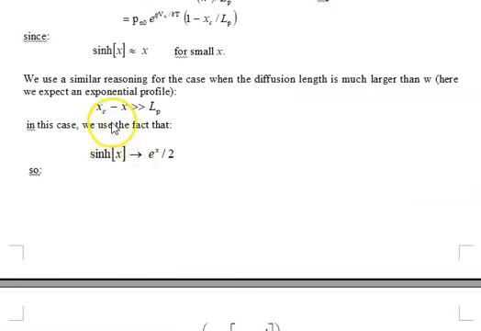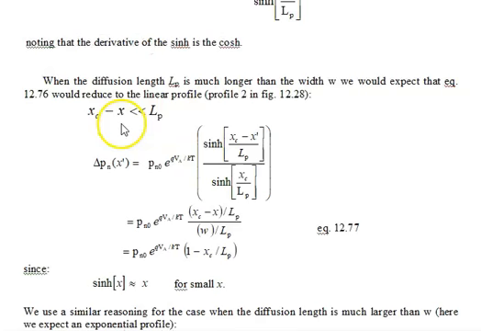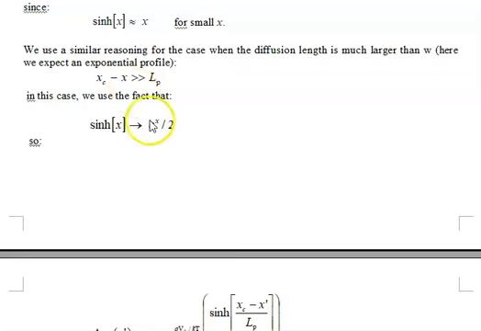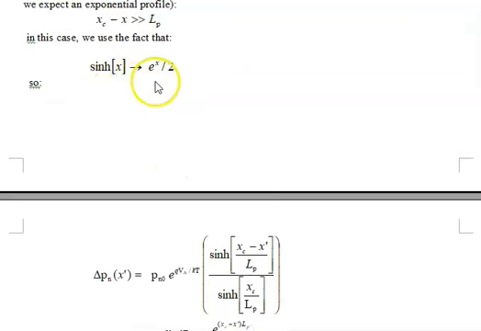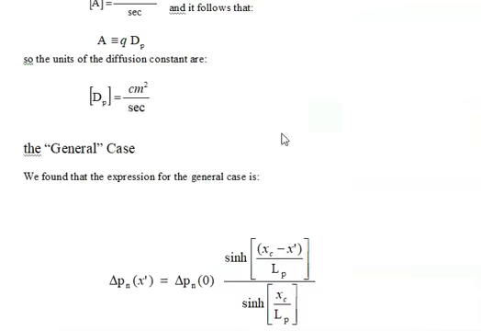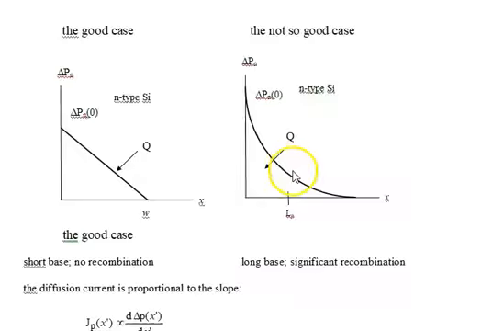Now, the not so good one is the opposite. Here it's less than, and here it's much greater than, and then I get an exponential, and that's the one which is not so good. And of course this term will basically go away because it's 1 over 1, and I get an exponential term that is this guy right here.